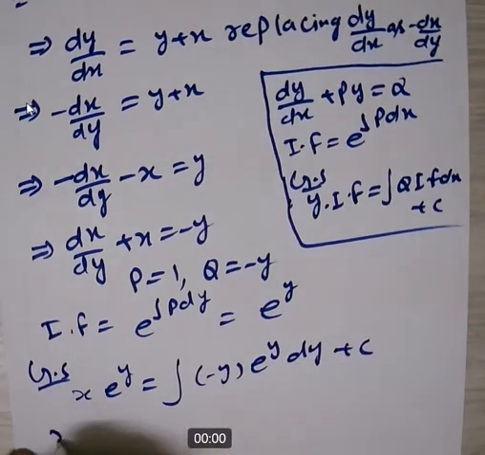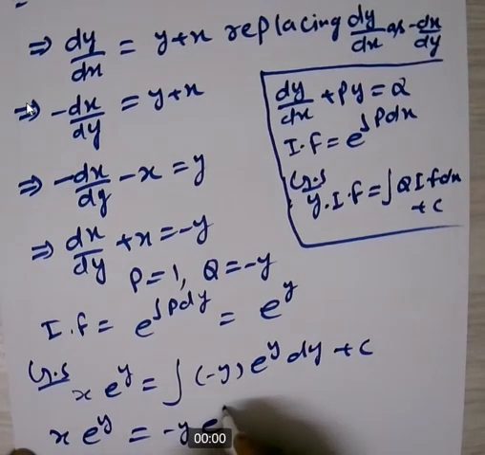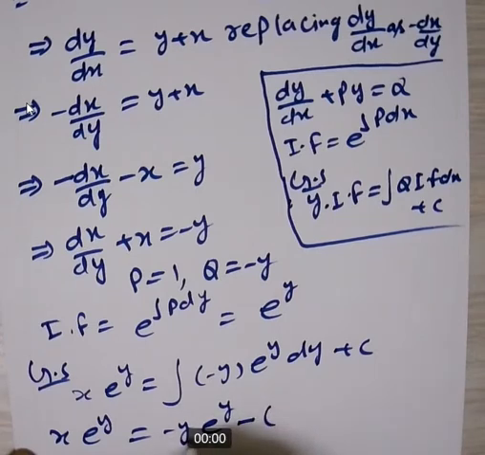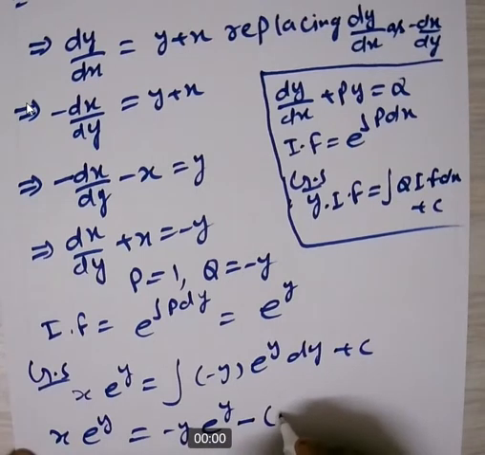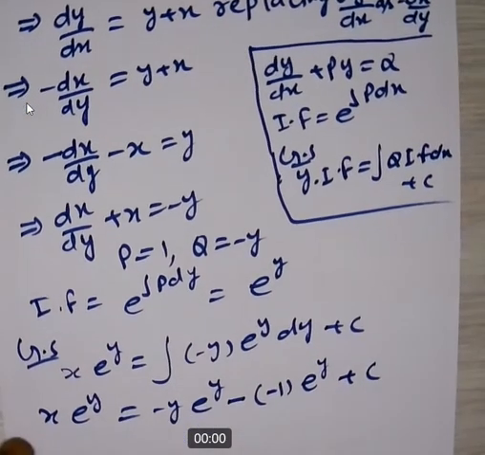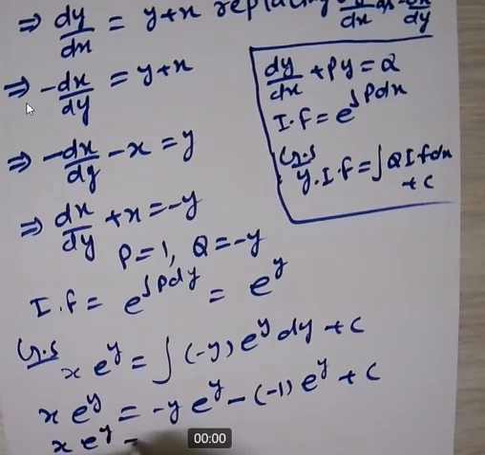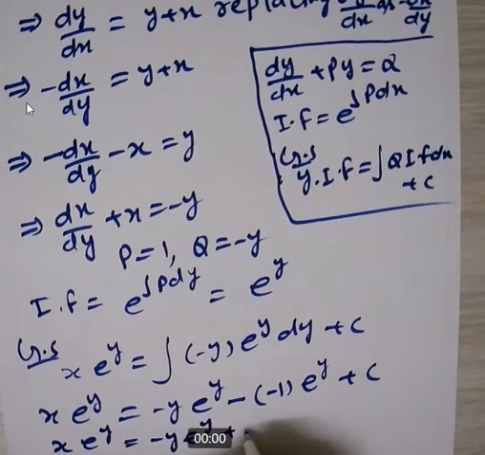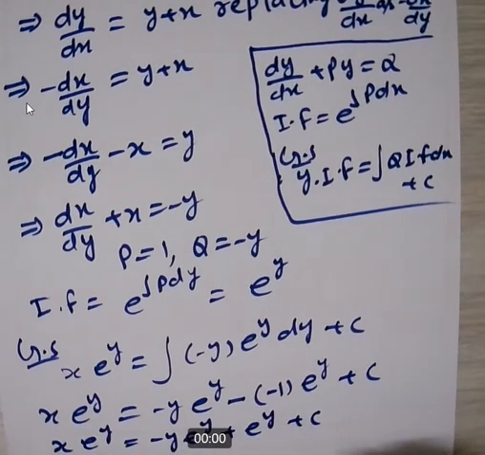Now integrate it, so we get minus y times the integration of e power y, plus minus derivative of minus y is minus 1, and the integration of this is e power y plus c. Now simplified, it becomes x e power y equals minus y e power y plus e power y plus c.